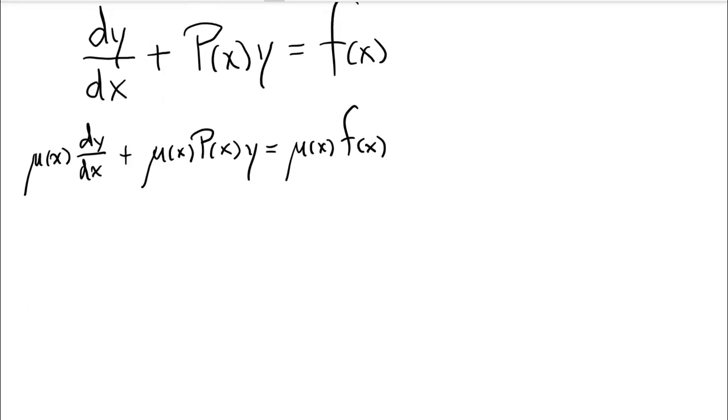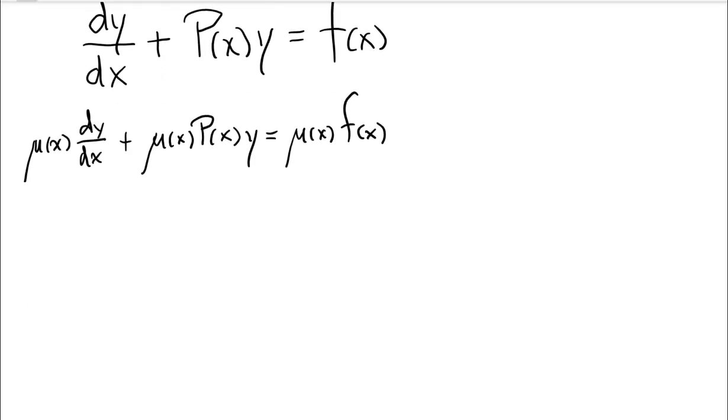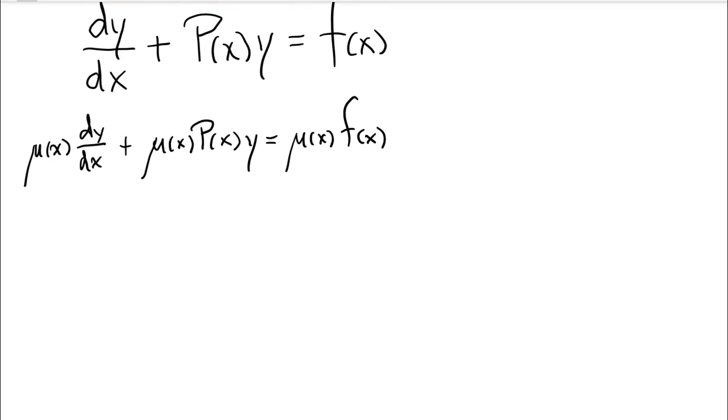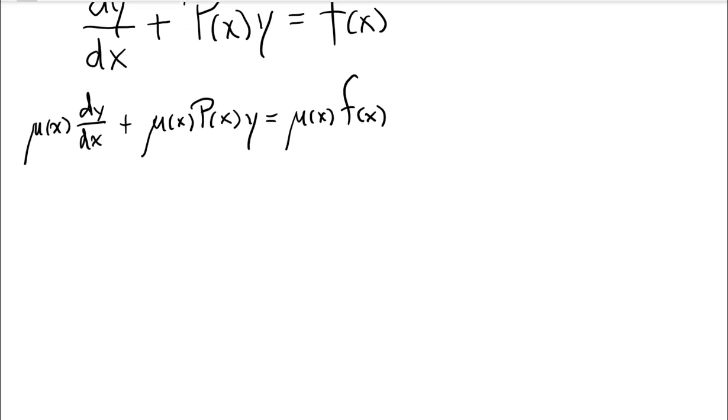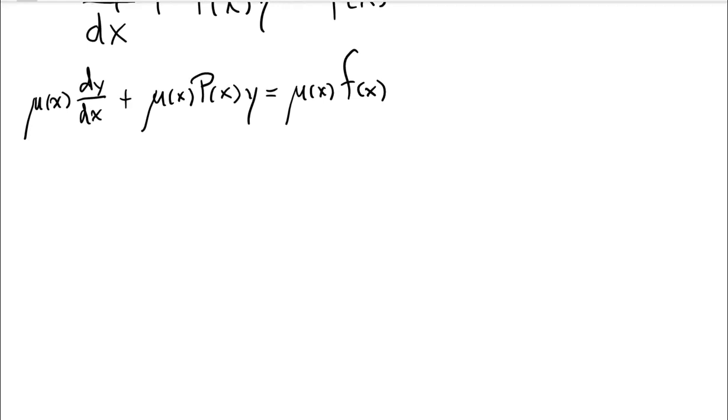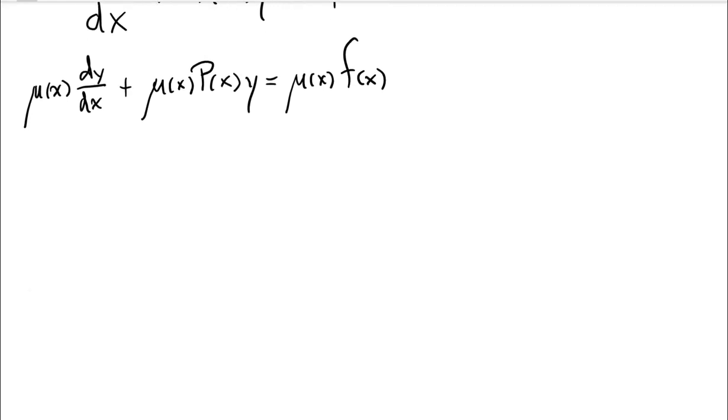Now, if we think about the left-hand side, we see a function of x, mu of x, times dy dx plus mu of x times something else. And it has a resemblance to the product rule for differentiation, right?